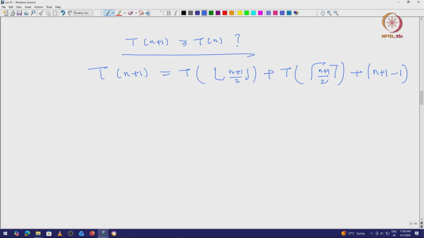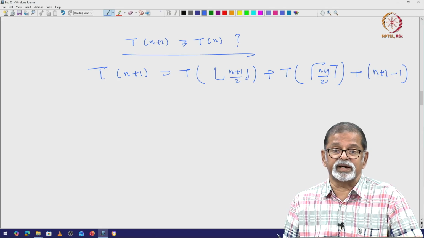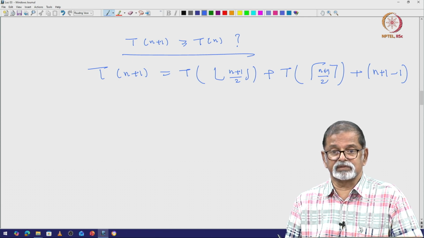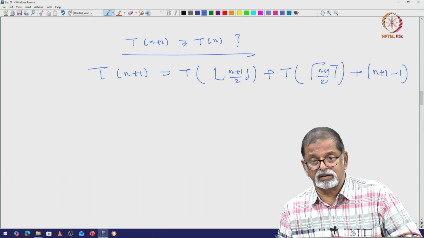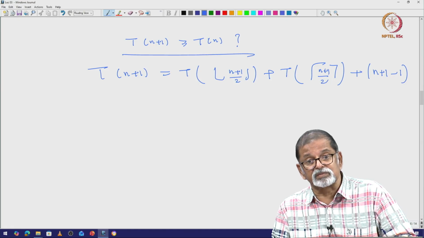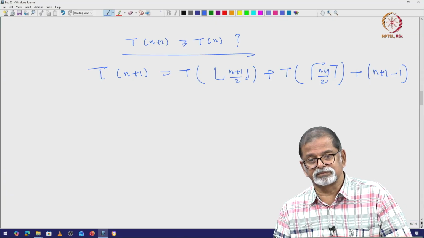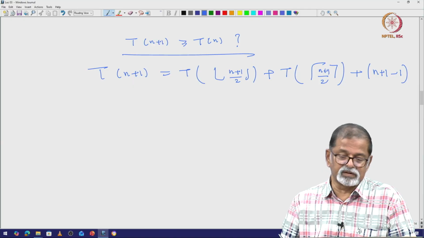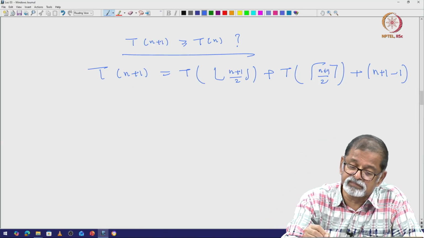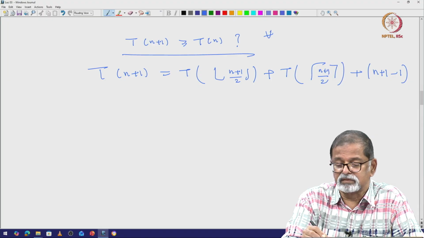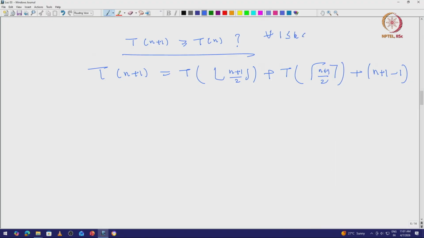So, I am going to make a strong induction hypothesis. What is the strong induction? T of n is monotonic up to a particular value, that is, for all smaller values, for all 1 less than or equal to k less than or equal to n, T of k is greater than or equal to T of k minus 1.